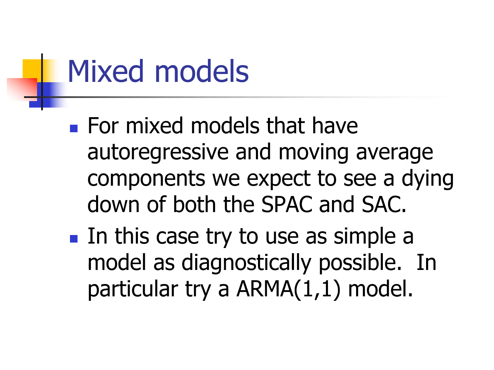Realistically, it's rare to see complicated mixed models. So if you do think you have a mixed model, the general recommendation is to keep it simple and mix an autoregressive of order 1 with a moving average of order 1.